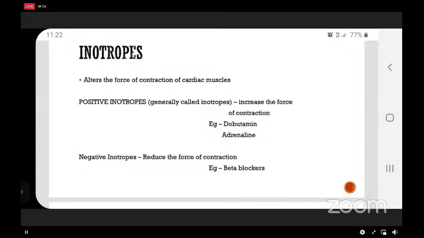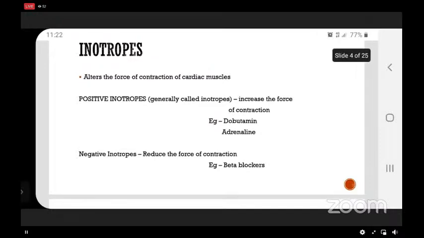Examples of the positive inotropes are dobutamine, adrenaline and dopamine, and the negative inotropes are, for example, calcium channel blockers and beta blockers. We are going to talk about positive inotropes today, and the positive inotropes are what we usually call inotropes. So when somebody says inotrope, it implies a positive inotrope.